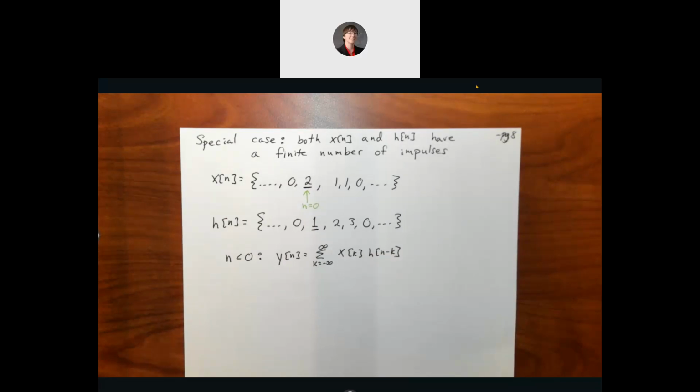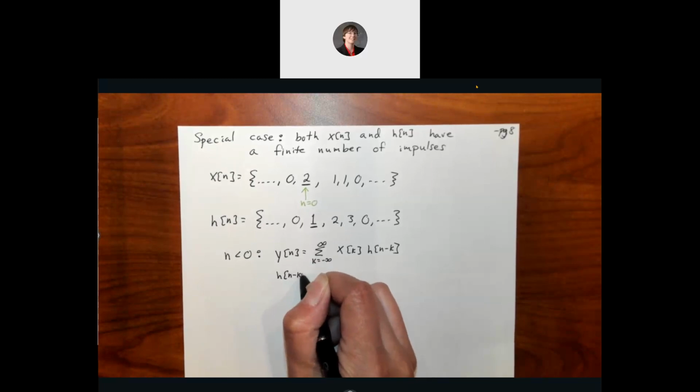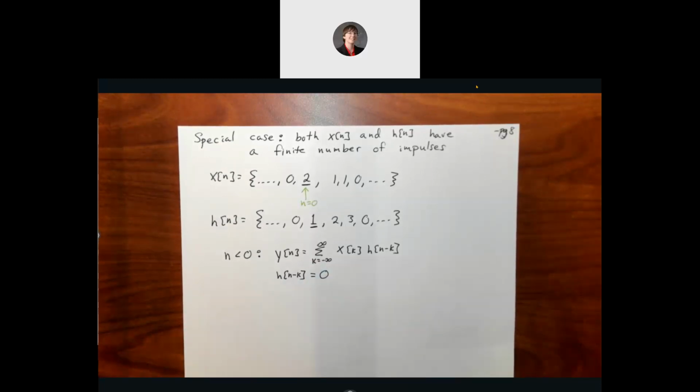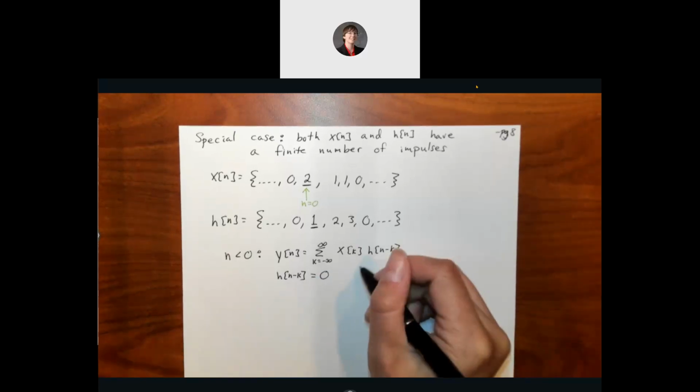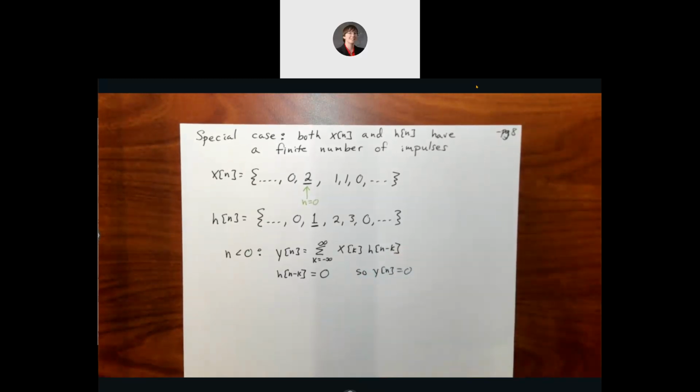But for any n which is less than 0, what we're going to get is that h of n minus k is equal to 0. And so our y of n is going to be 0 for all of these values.